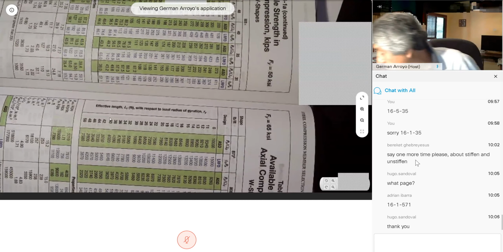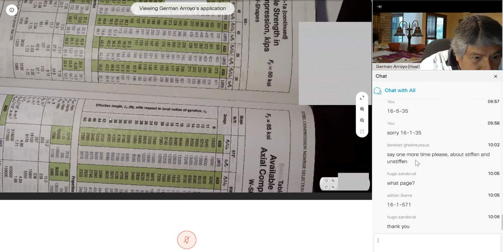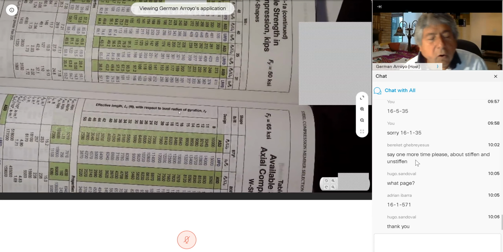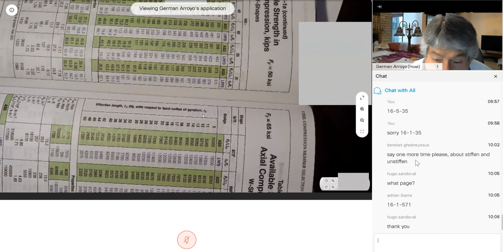This is chapter 4, page 25. Whenever you go to this, you're going to find KL with respect to the least radius of gyration. So this is KL, and KL is in feet, not in inches.